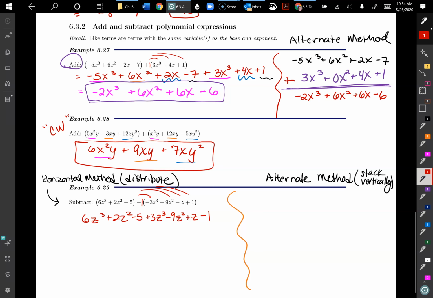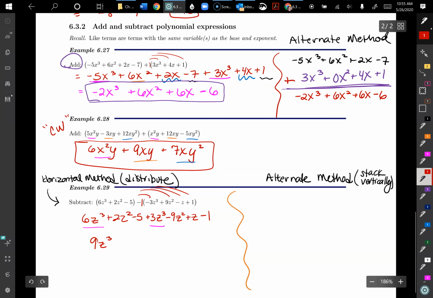So we have a 6z cubed and a 3z cubed. So that's going to become 9z cubed. And then we have a 2z squared and a minus 9z squared. So those are going to become a -7z squared.